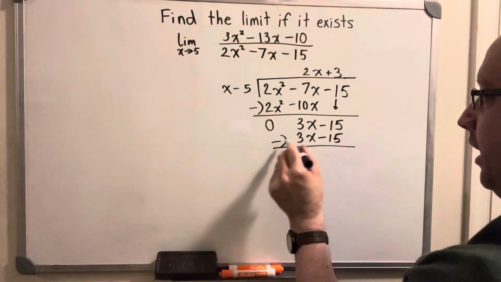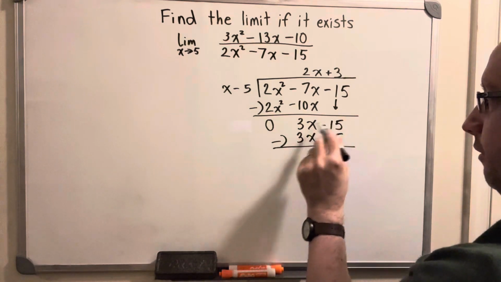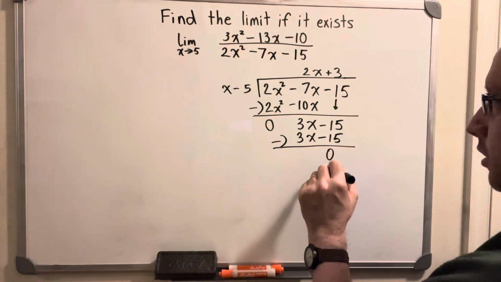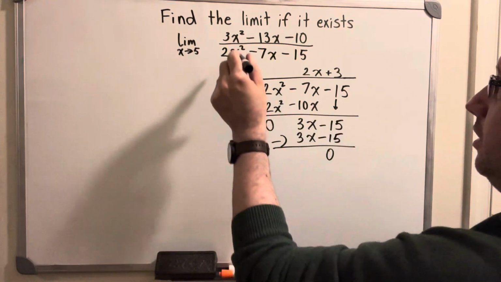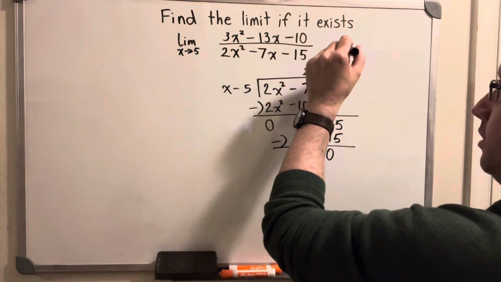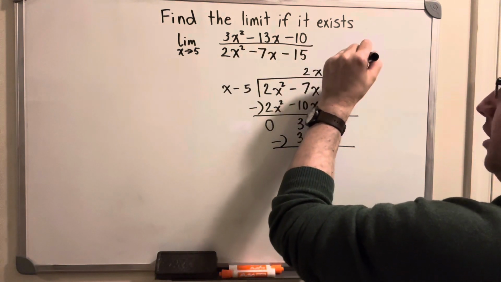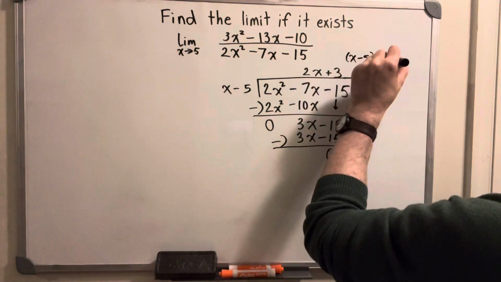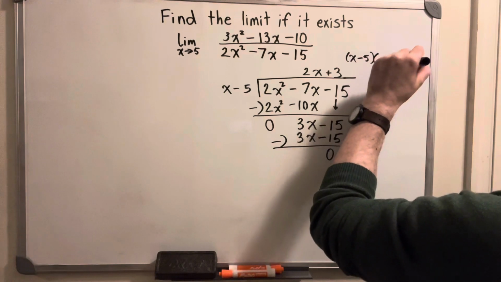Negative 15 minus negative 15 is negative 15 plus 15, which is 0. So that's good. That means that this denominator is the same as x minus 5 times 2x plus 3.